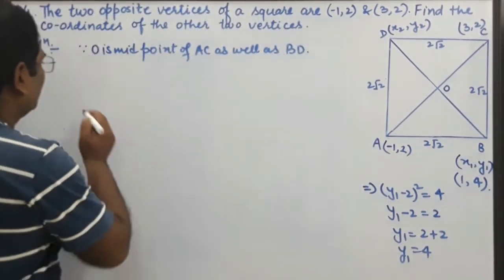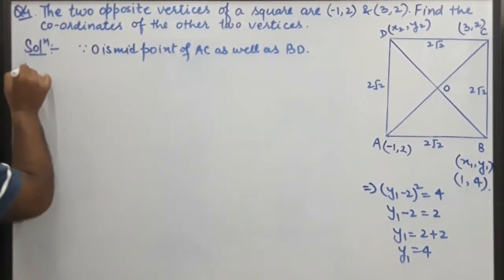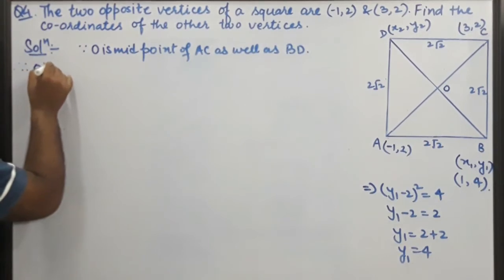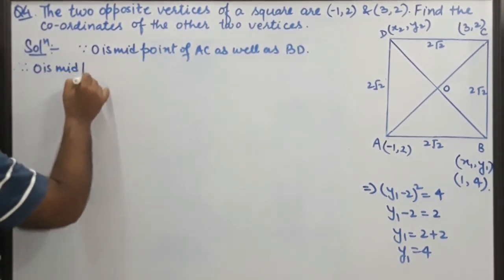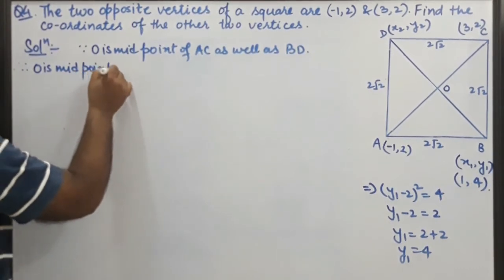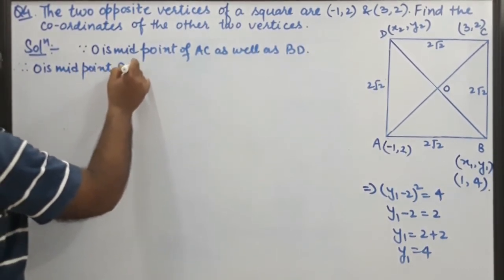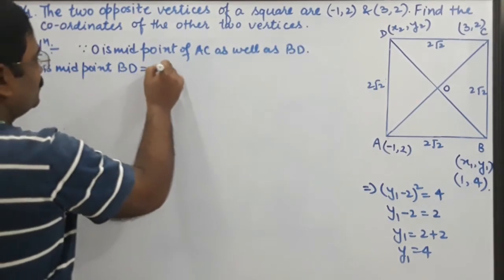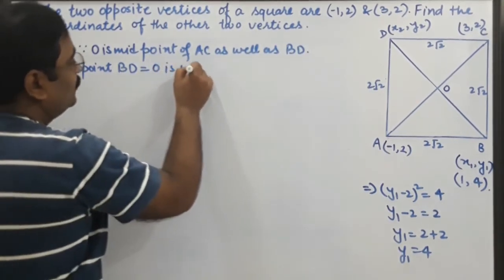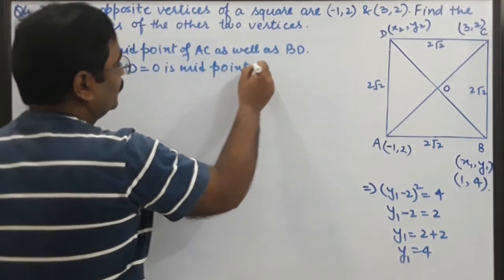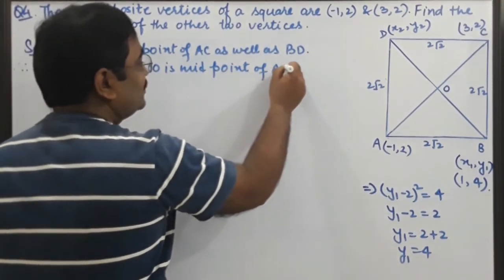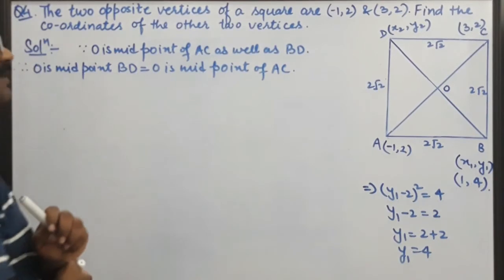Therefore O is midpoint of BD, which is equal to O is midpoint of AC also. So let us take.